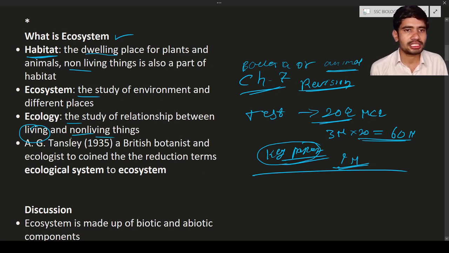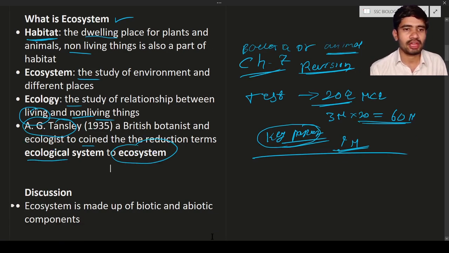There is a scientist known as A.G. Tansley, who in the year 1935 coined the term ecology. He also used the shortened term ecosystem for ecological system. Both are the same, ecological system or ecosystem, coined by the scientist A.G. Tansley.